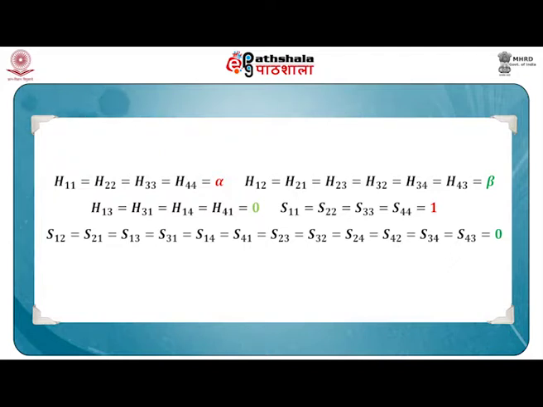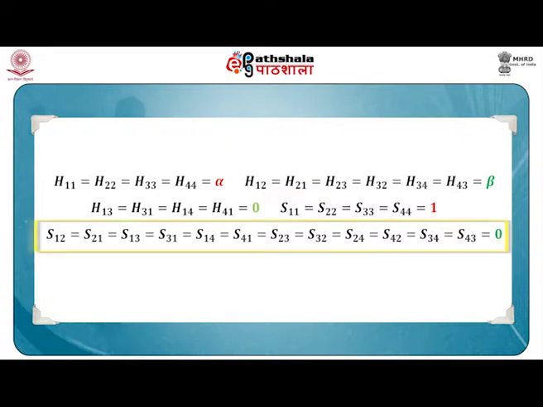Similarly, for overlap integrals, Sij for i equal to j will be taken as 1, and Sij for i not equal to j will be taken to be 0. What it implies is that in the present case, S11, S22, S33, S44 will individually be equal to 1.